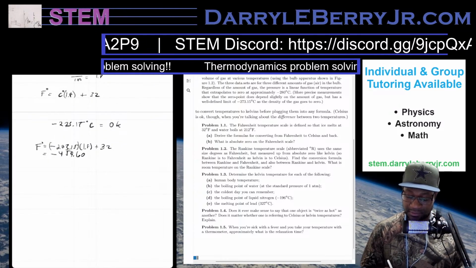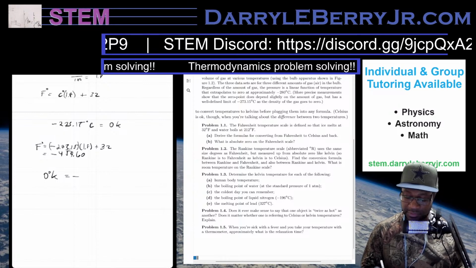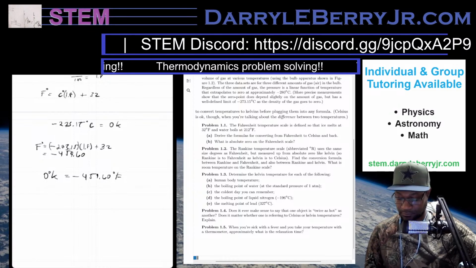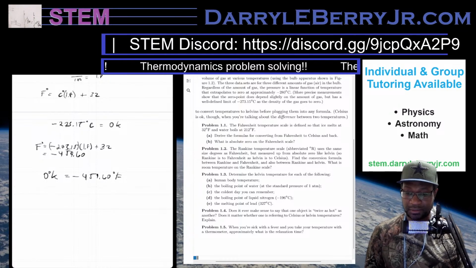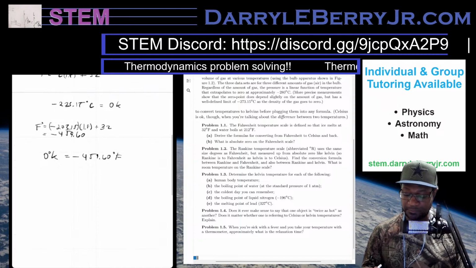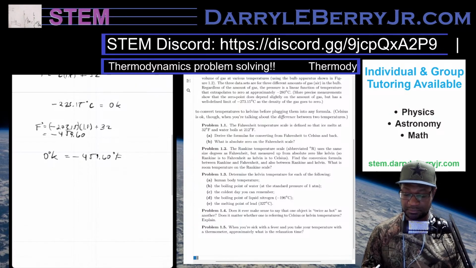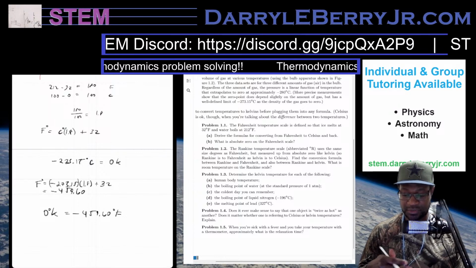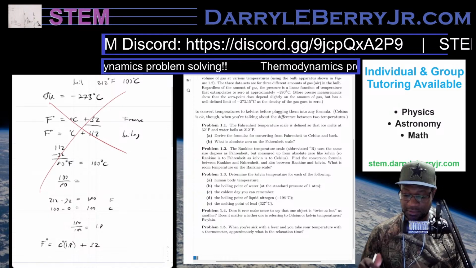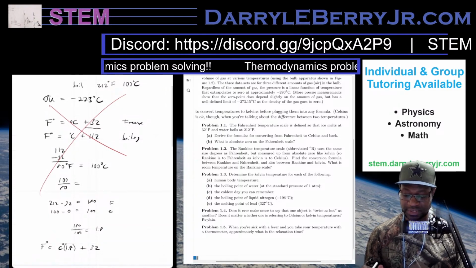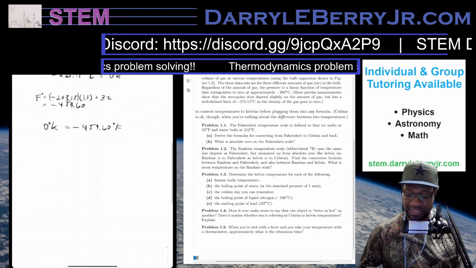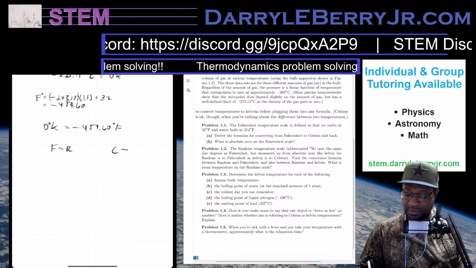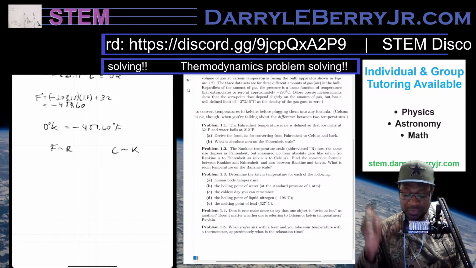So that means that 0 degrees Kelvin equals negative 459.6 degrees Fahrenheit. And we know that the units are 1.8. So in other words, Celsius and Fahrenheit, we're assuming they have the range relative to their absolutes. Fahrenheit has the same absolute as Rankine, just as Celsius has the same as Kelvin.